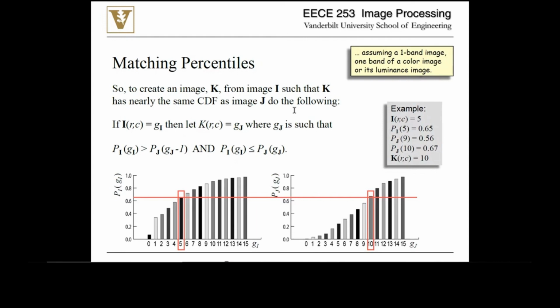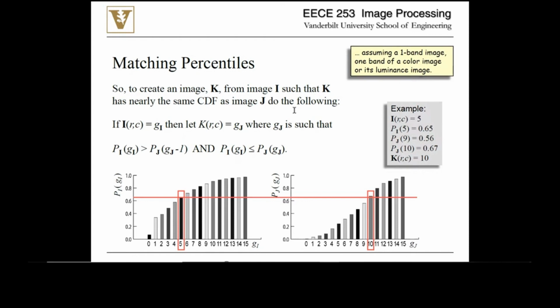Then I go to the other image and compute what is the gray value such that 65% of the pixels are below that value. So 65% of the pixels are below 10. So 5 has to be transformed into 10. Is that clear? No?